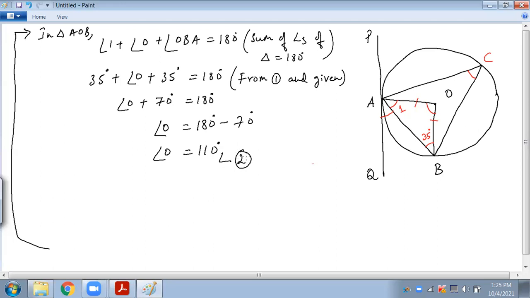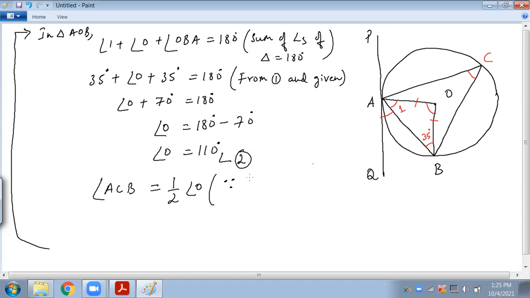Okay, now after finding angle O, we can find angle ACB. Look, AB is a chord. The chord AB subtends angle O at the center, and the same chord subtends angle ACB at the circumference. Now, from class 9, what do we know? The angle at the circumference is half the angle at the center. So ACB will be 1 by 2 angle O. Why?